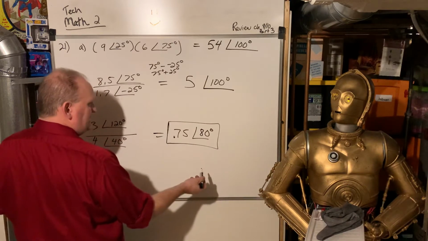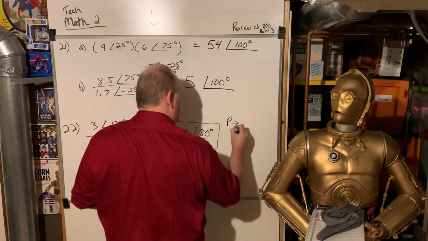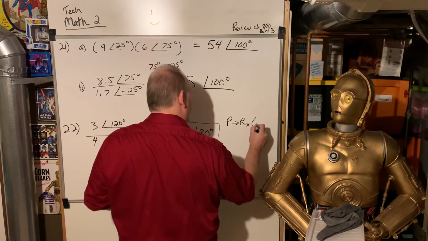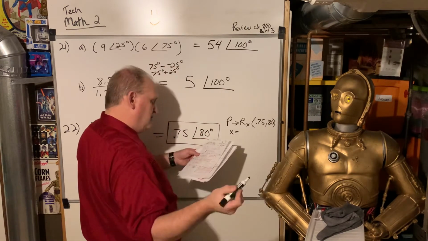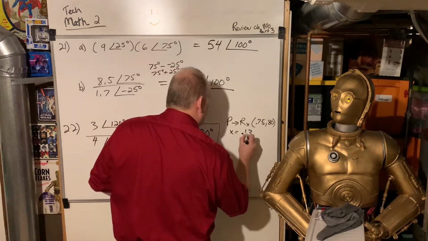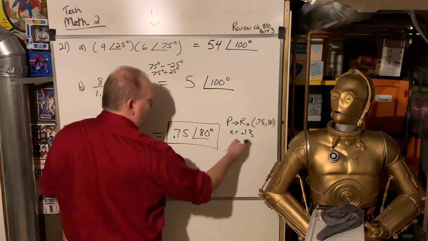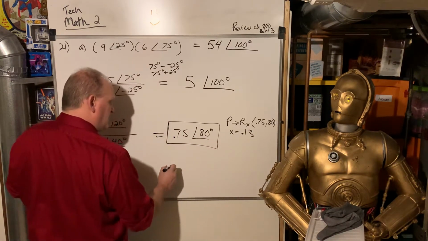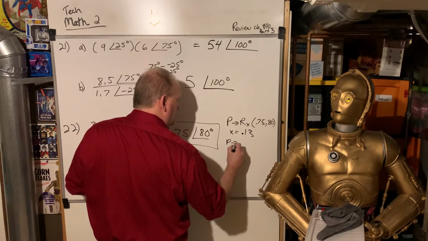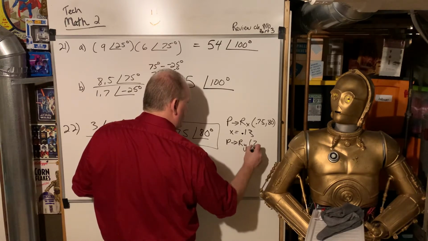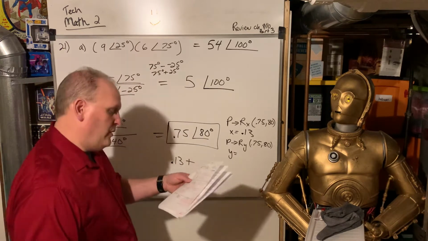To get this into rectangular form, you could do polar to rectangular x, 0.75 comma 80. And that'll kick you out 0.13. If you don't like it that way, you can say 0.75 cosine 80, and that will also give you x. So we got 0.13 plus polar to rectangular y, 0.75 comma 80, is 0.74.